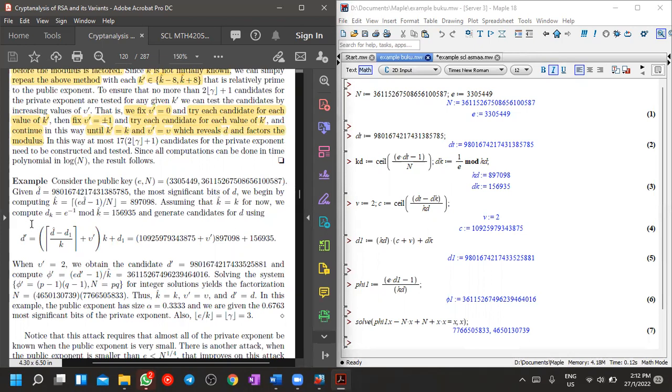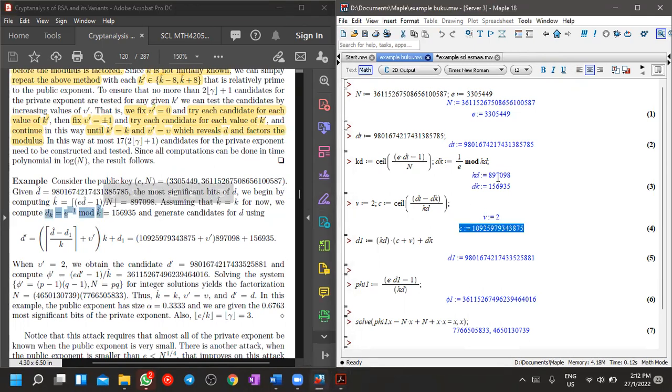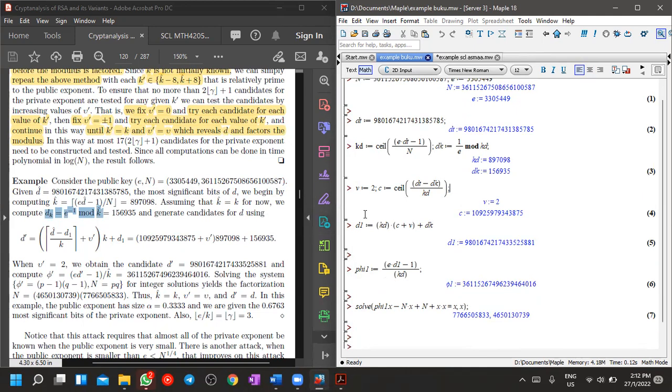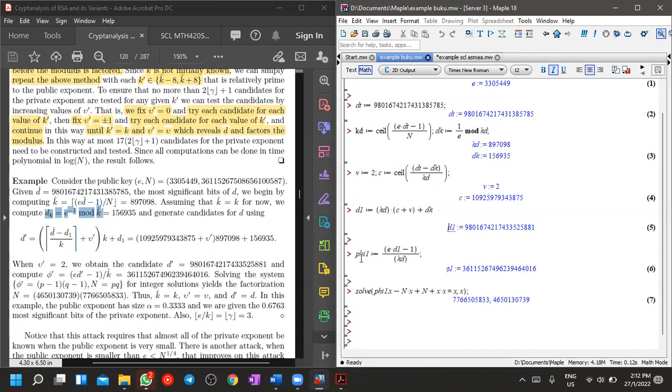For now, we compute dk equals this, and we will get 156935. We generate the first candidate for D, D prime, using V equals 2. So we will get this for the first candidate for D. And then we compute phi as in this equation, (E D prime minus 1) over K hat, and we will get this.